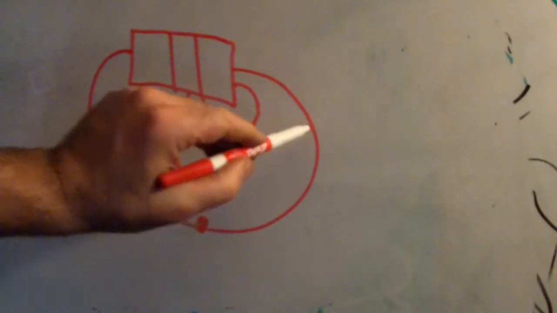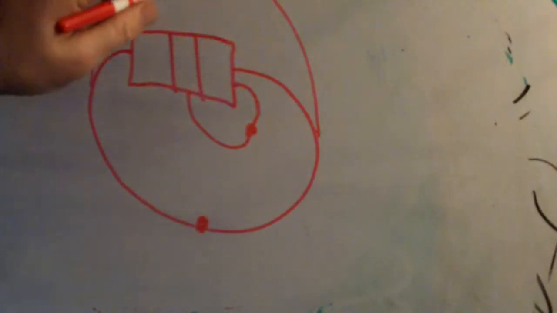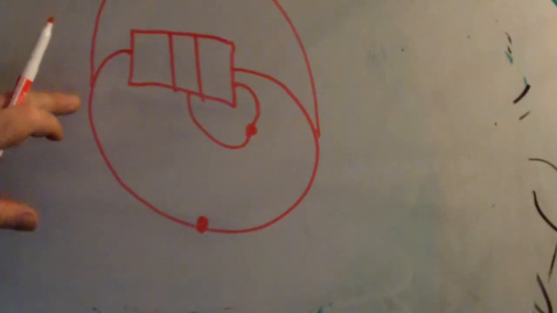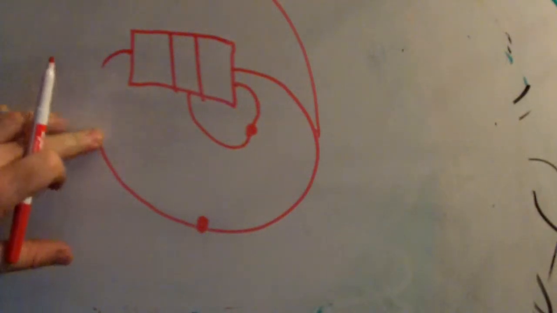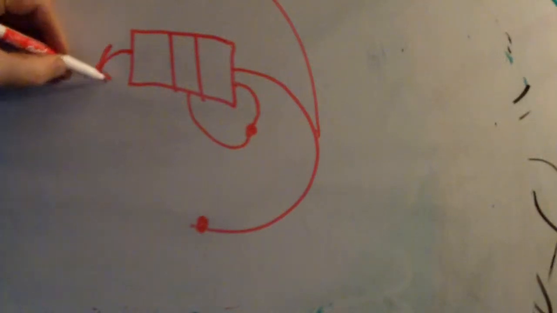You can even have a circuit that bypasses this, so that if none of this is on, there's still electricity flowing out. And since all these go to the same ground eventually, this becomes an output.